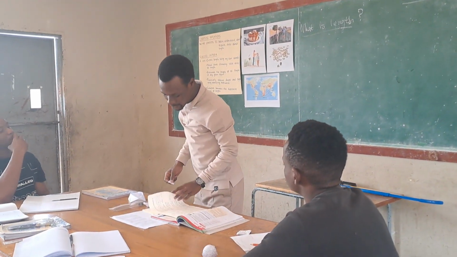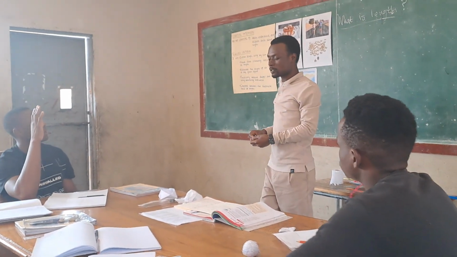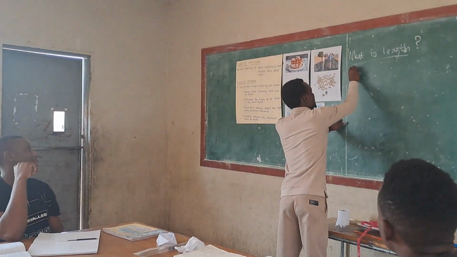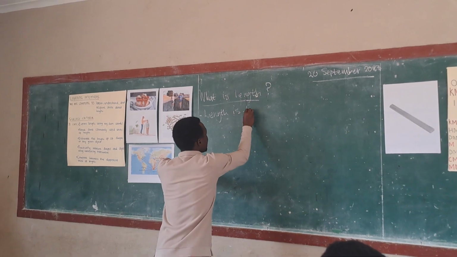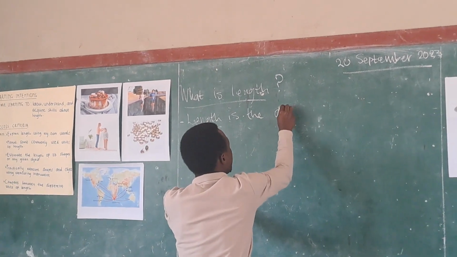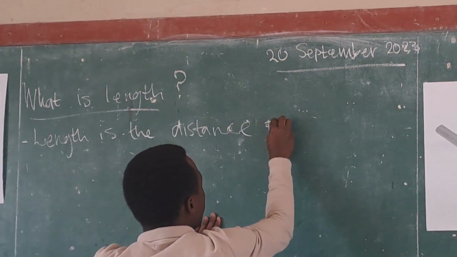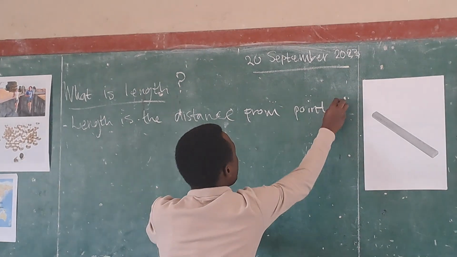What is length? Length is the distance from one point to another. Length is the distance from one point to another, point A to point B.